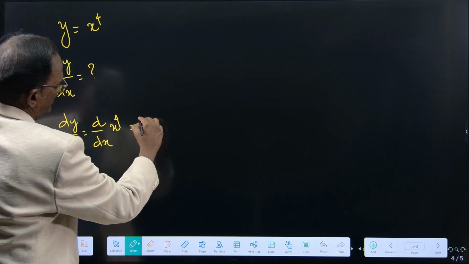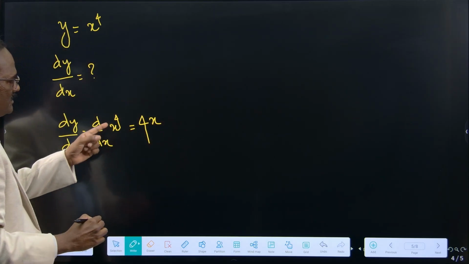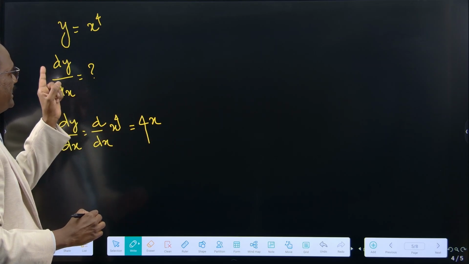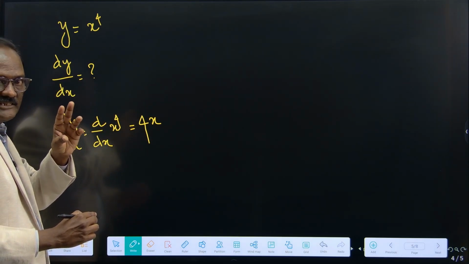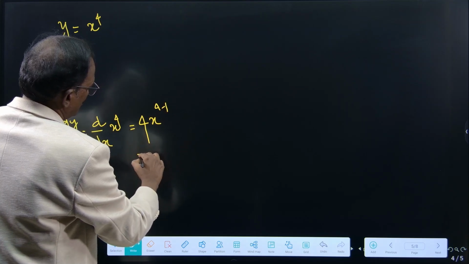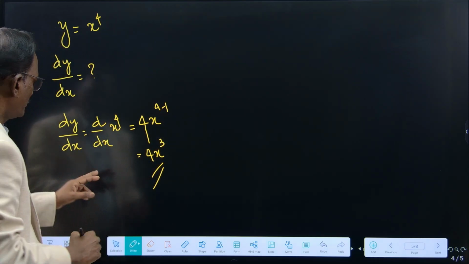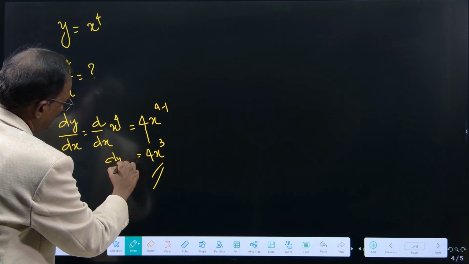Multiply with the old power. Old power is 4. Then decrease the power. For differentiation, you decrease the power. 4 minus 1. So the answer is 4x power 3. So this is dy by dx.